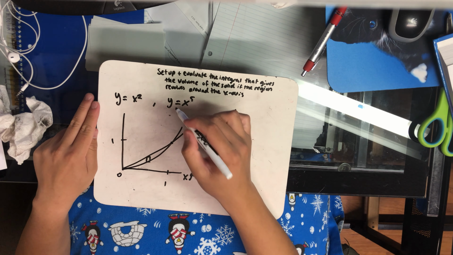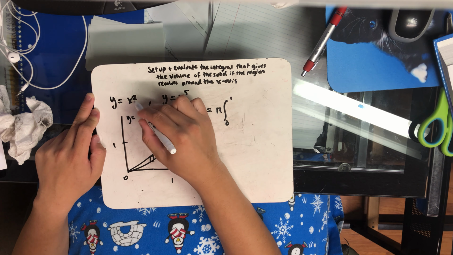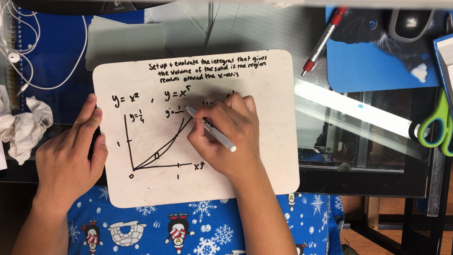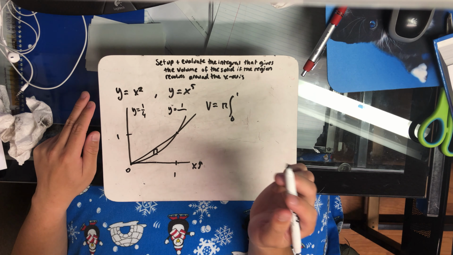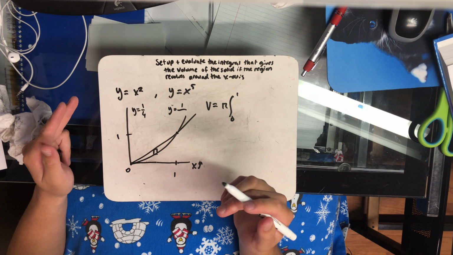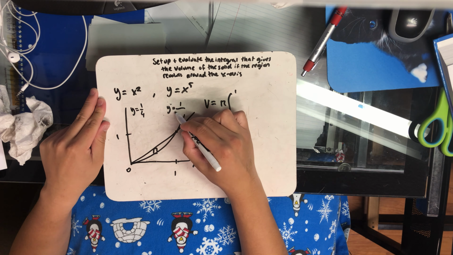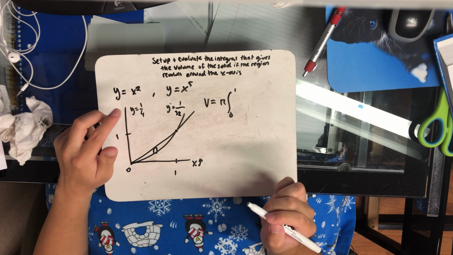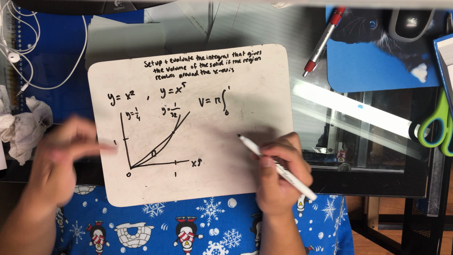So if you plug in 0.5, or 1/2, for example, you would have y equals 1/4, and then y equals 1/2 to the 5th, which would be 4 times 4 times 2, 16 times 2, 32. So the x squared is greater, so it's going to be on top.